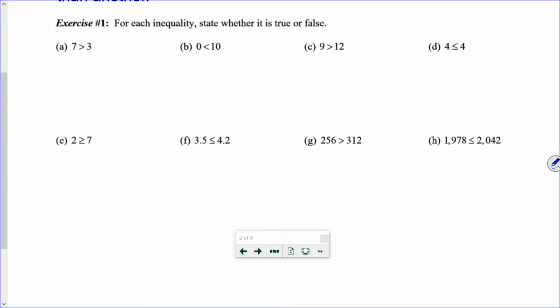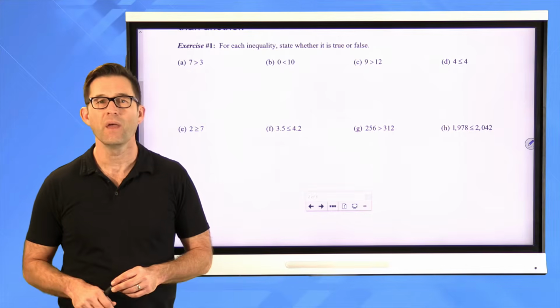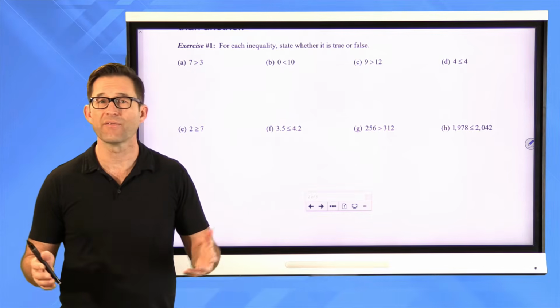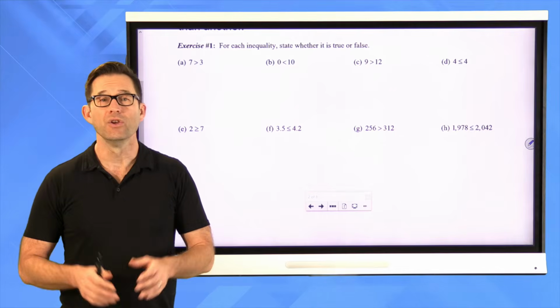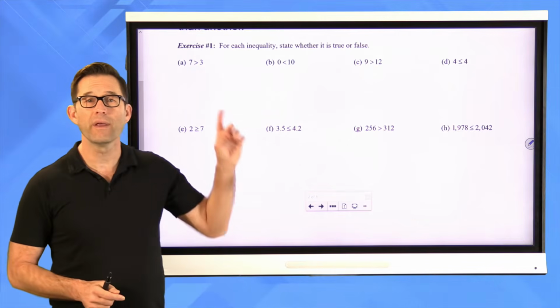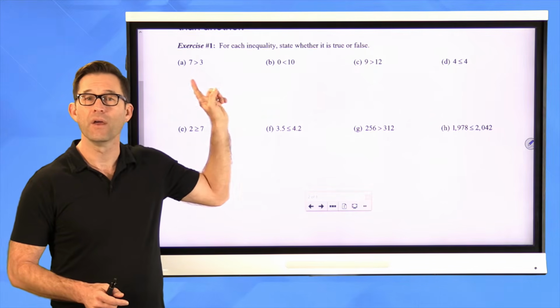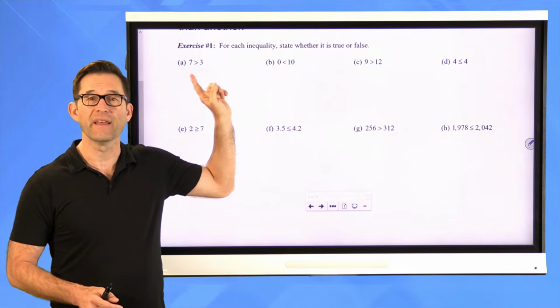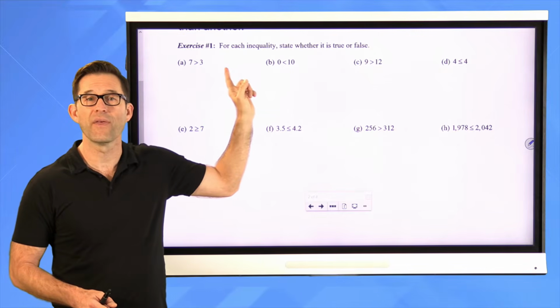Here we go. For each inequality, state whether it is true or false. Now, one thing is definitely important at this point. You are in Algebra 1. So when you look at this statement, you have to immediately read that as 7 is greater than 3.